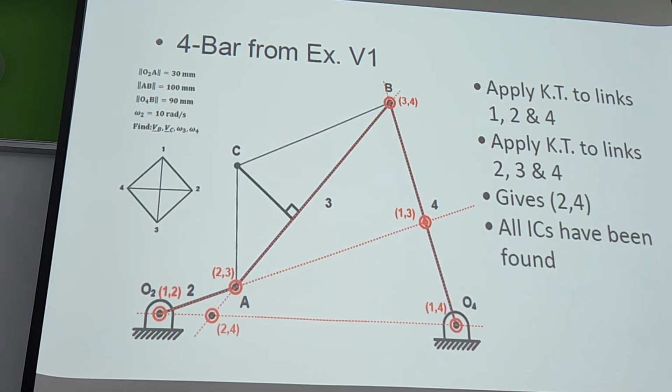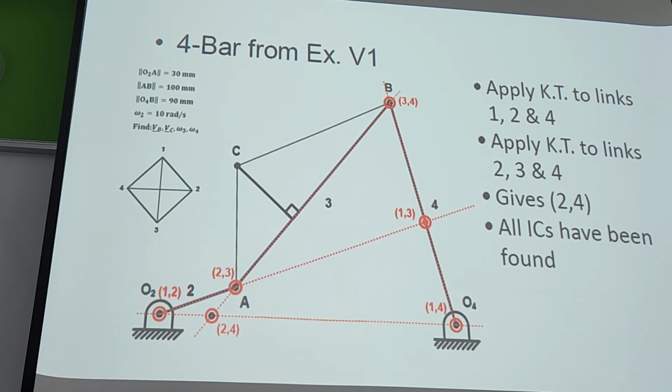Once you know the velocity of this point, the calculation part is very simple, right? Omega 3 you can calculate. How? VA over the distance from A to instantaneous center 1, 3. VA is the velocity on link 2.